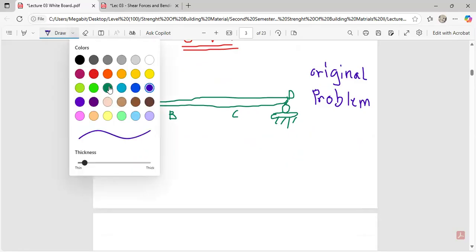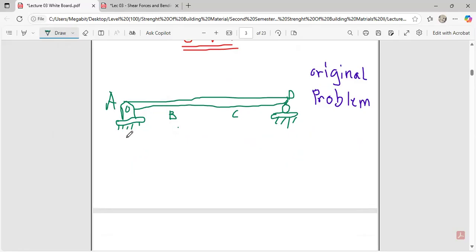Then from there, let's come and calibrate it. So here was 3 meters. Here was also 3 meters.